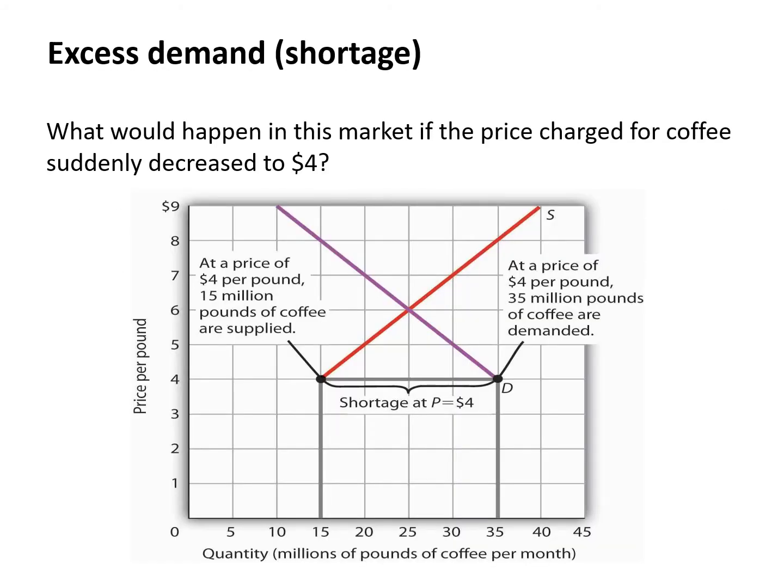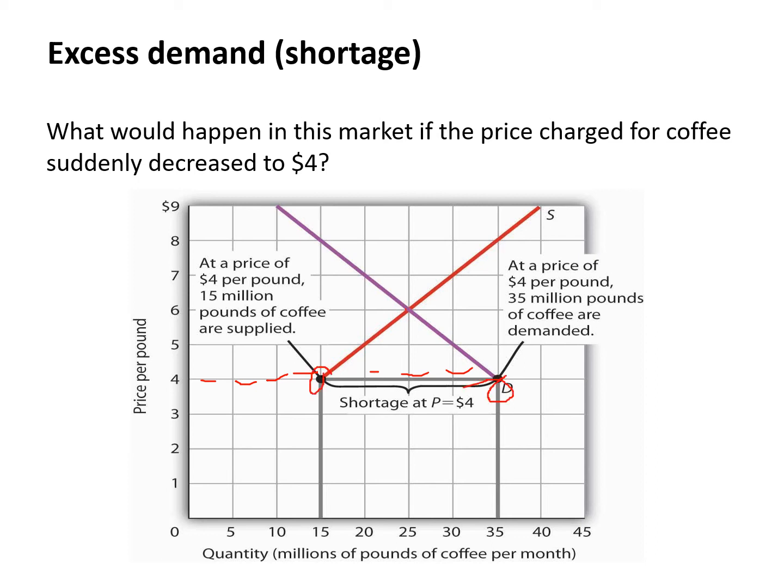Now when we have excess demand or a shortage, what would happen in this market if the price charged for a coffee suddenly decreased to $4? Now if the price over here decreased to $4, that means the equilibrium was over here, now at $4. So you can see at this point we have more demand than what?